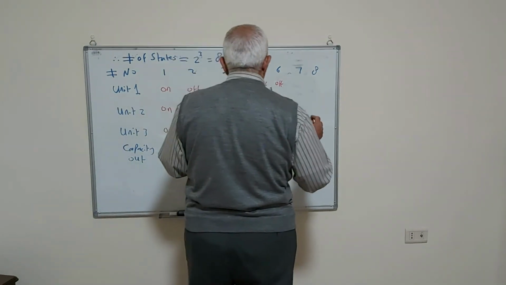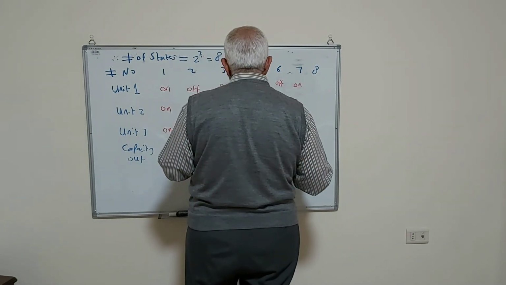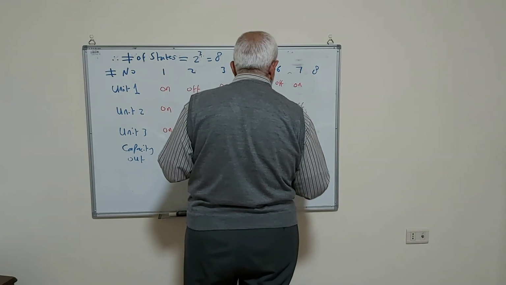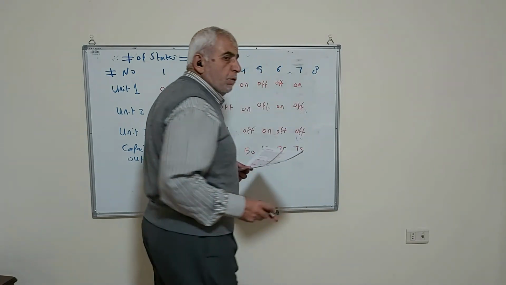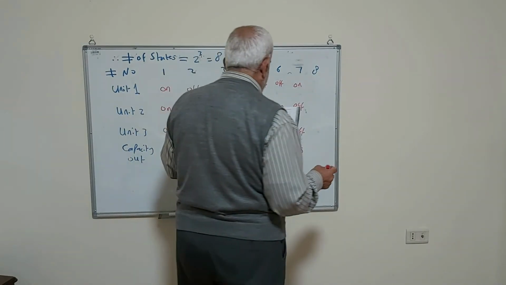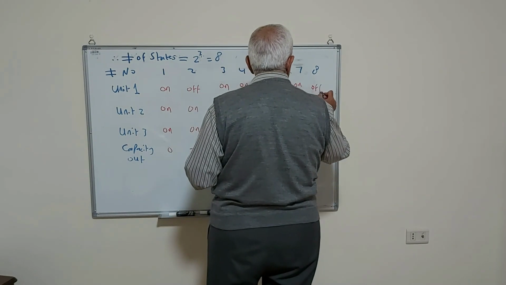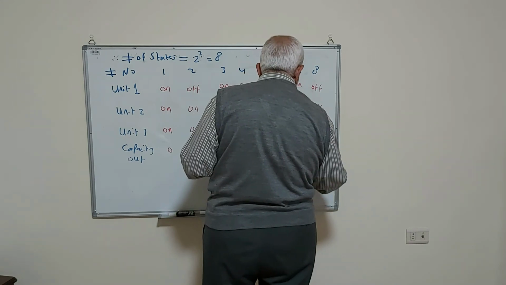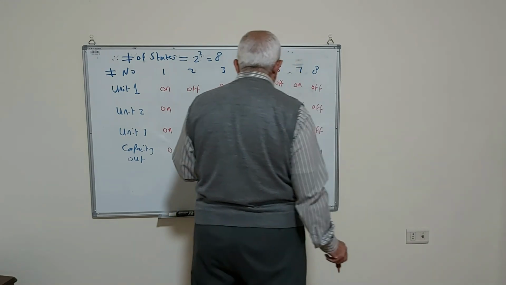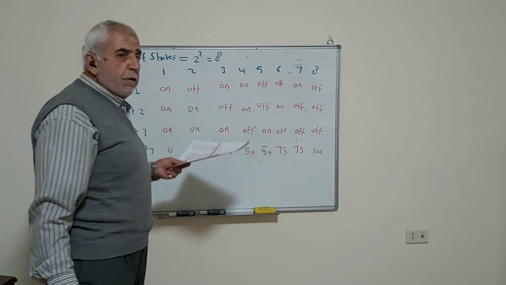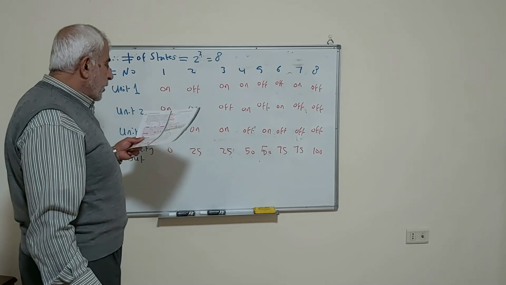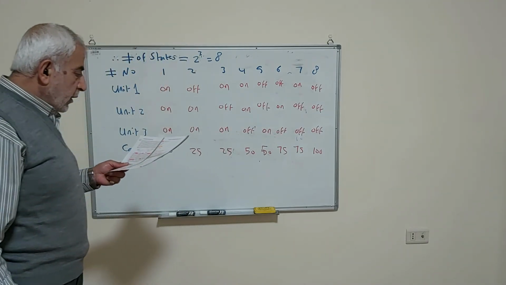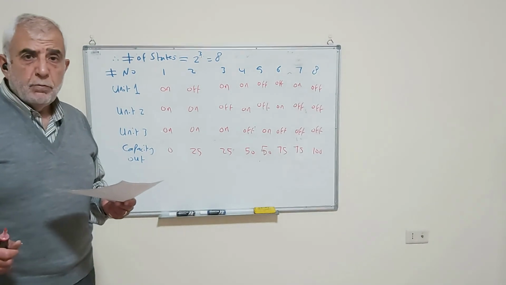State 7, we have on, off, off. Then we have 75 megawatt. And the last state is all off. And we have 100 megawatt out. Well, on, the unit is working, and off, the unit is down. Okay? All right, now we can start with the transition diagram.